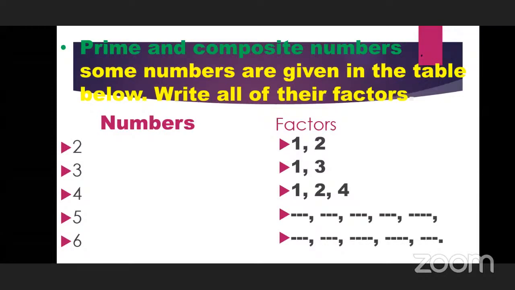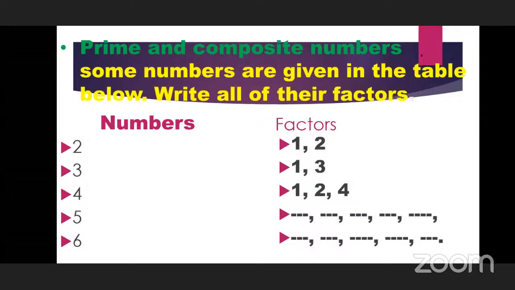Prime numbers have only two factors and composite numbers have more than two factors.